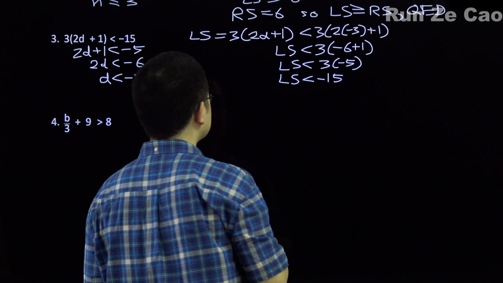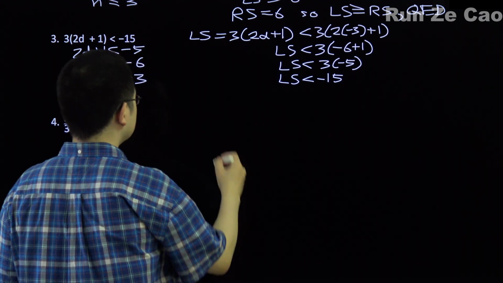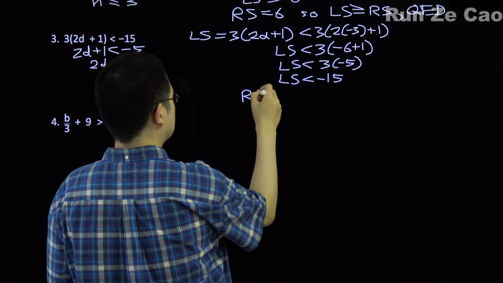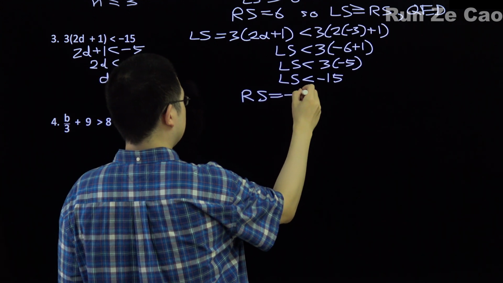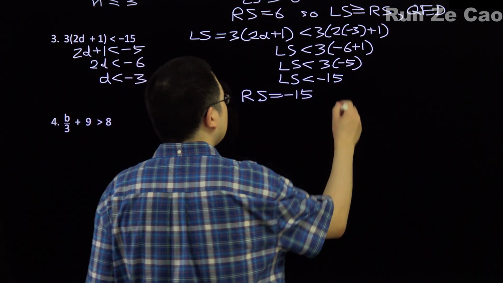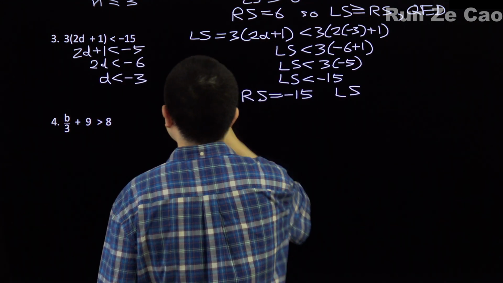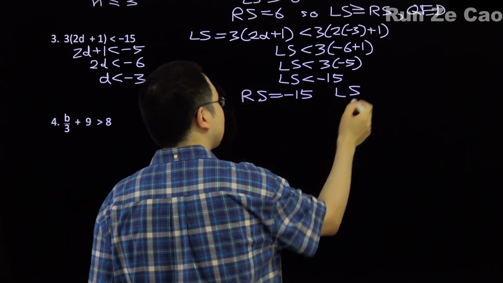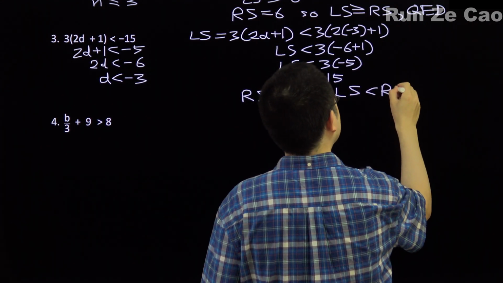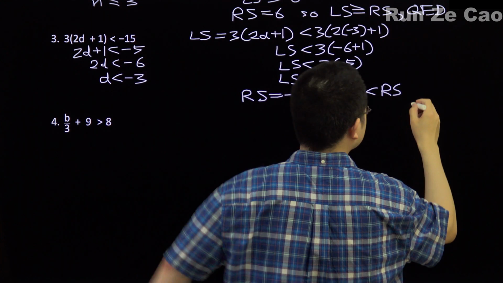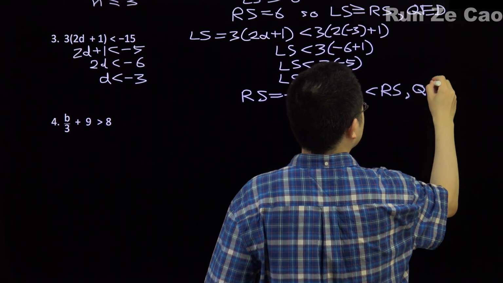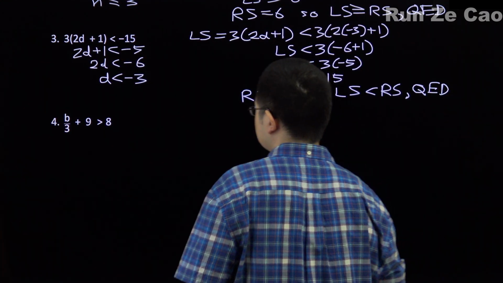Left side. And right side equals negative 15. So you got left side is smaller than right side, which is what we're supposed to find, thus QED. This has been proved.